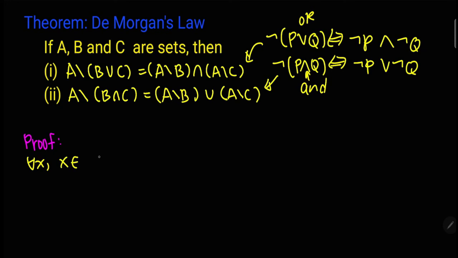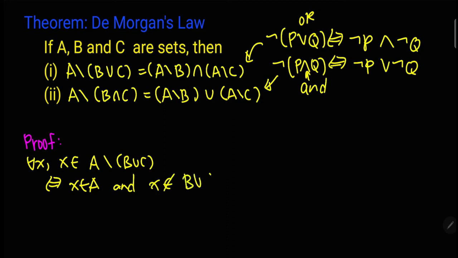So, what does it mean for an object x to be in A except B union C? Well, applying the definition of complement, we have x is in A and x is not in B union C. So that's the definition of complement. Now, we cannot use the definition of union yet because we do not have a definition for x not in.